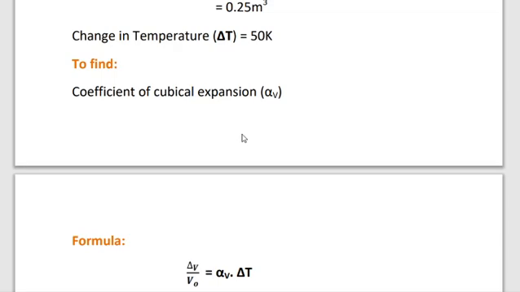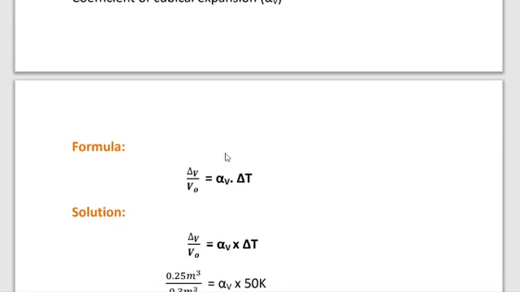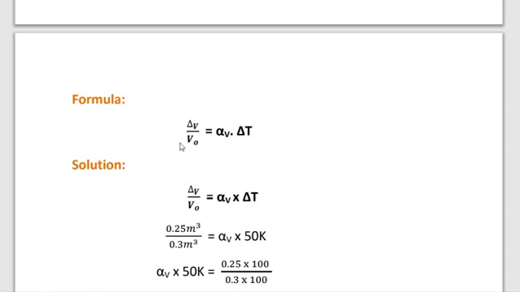The ratio of increase in volume of the body per degree rise in temperature to its unit volume is called the coefficient of cubical expansion. The SI unit of coefficient of cubical expansion is K power minus 1. The relating formula: del V divided by Vo is equal to alpha V into delta T.